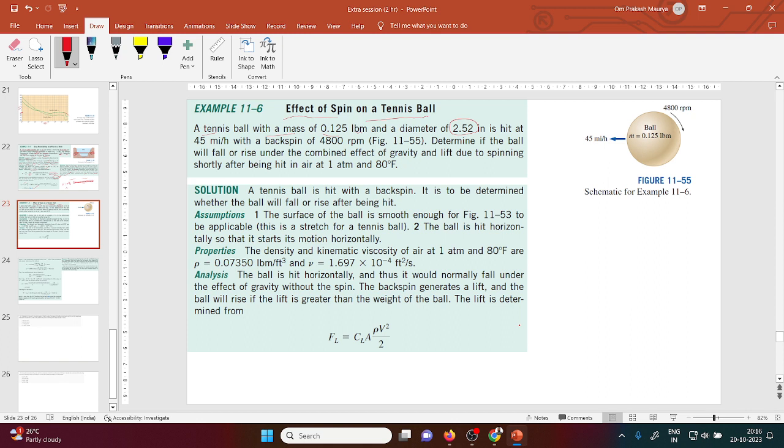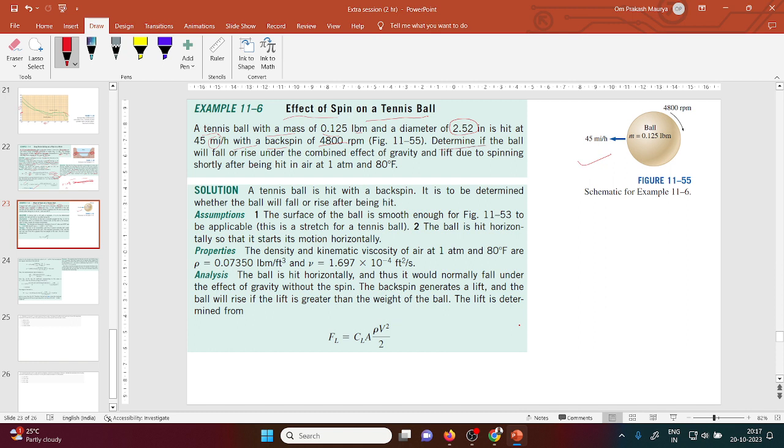What is written? Miles per hour, sir. This is the miles per hour, right? Okay. A tennis ball is hit at 45 miles per hour with a back spin of 4800 RPM. The figure is given here.